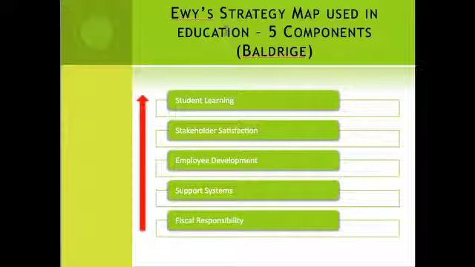So here's an example of a strategy map used in education, and it's really formed around the Baldrige model. In a school district, there is fiscal responsibility to put in place support systems for students and employees, as well as developing employees so that they can better educate students.